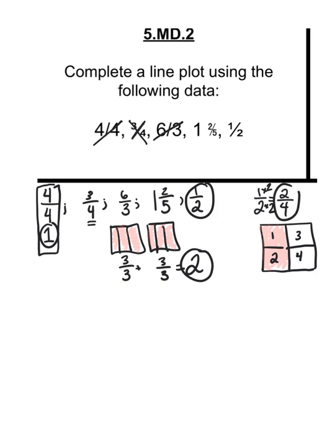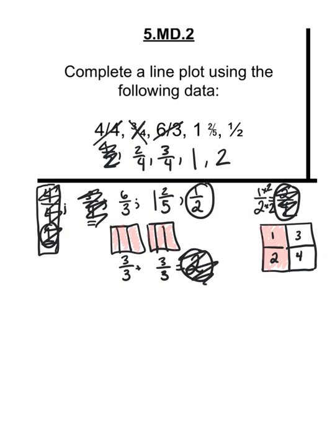So 2/4. Okay? So the values I need to put on my line plot are 1/2. Oh, no, sorry. 2/4. There's 2/4. 3/4. 1 whole. And 2 wholes. Okay.